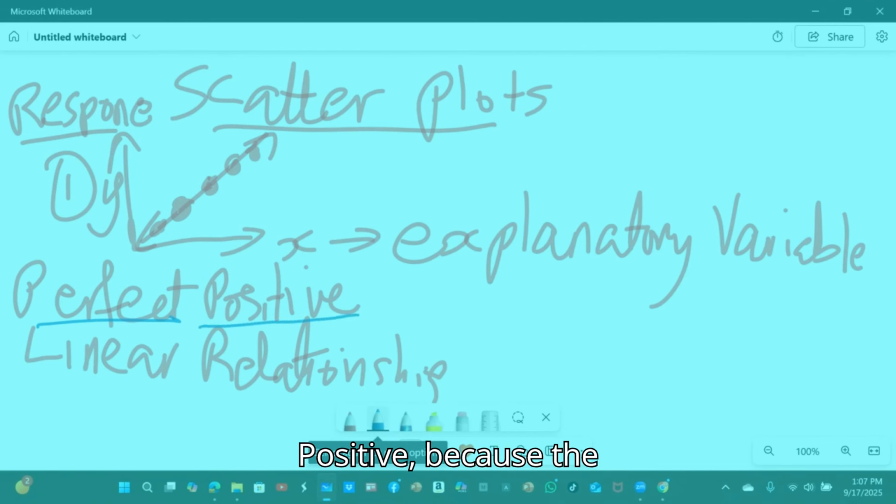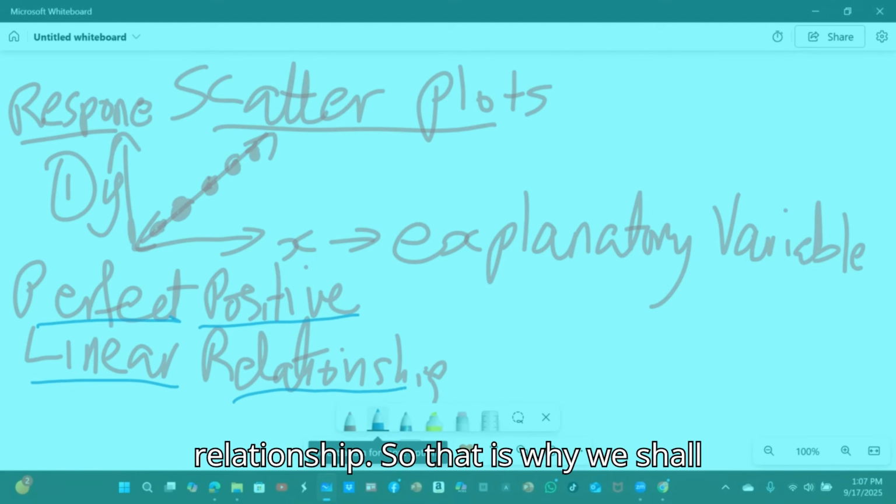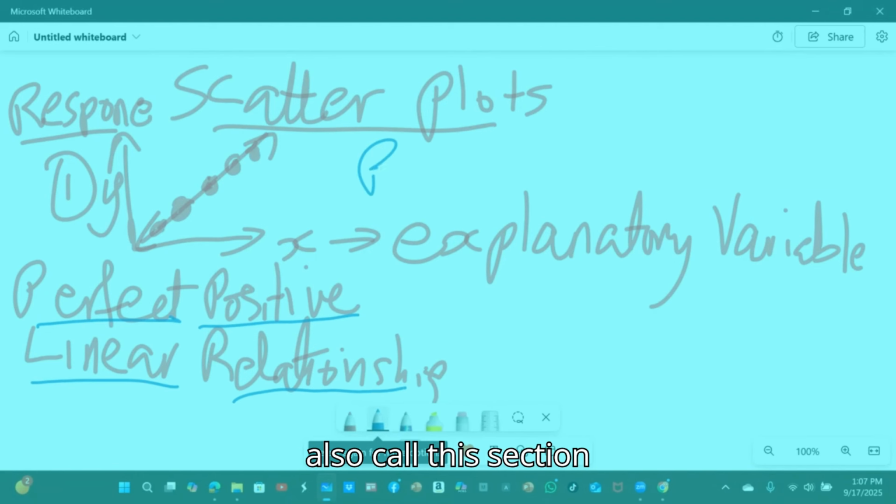Positive, because the line has a positive slope. Linear, because the line is a linear function. Relationship, we're talking about relationship. That is why we shall also call this section bivariate data.